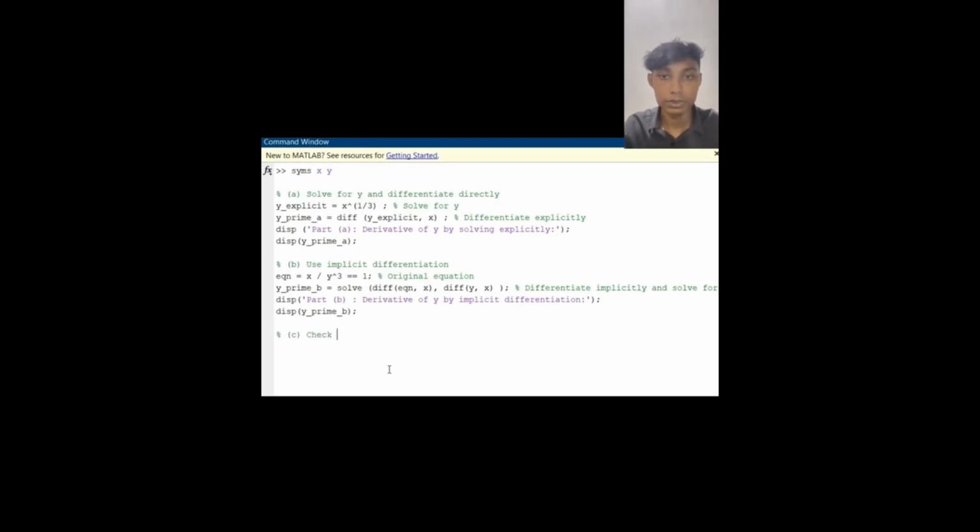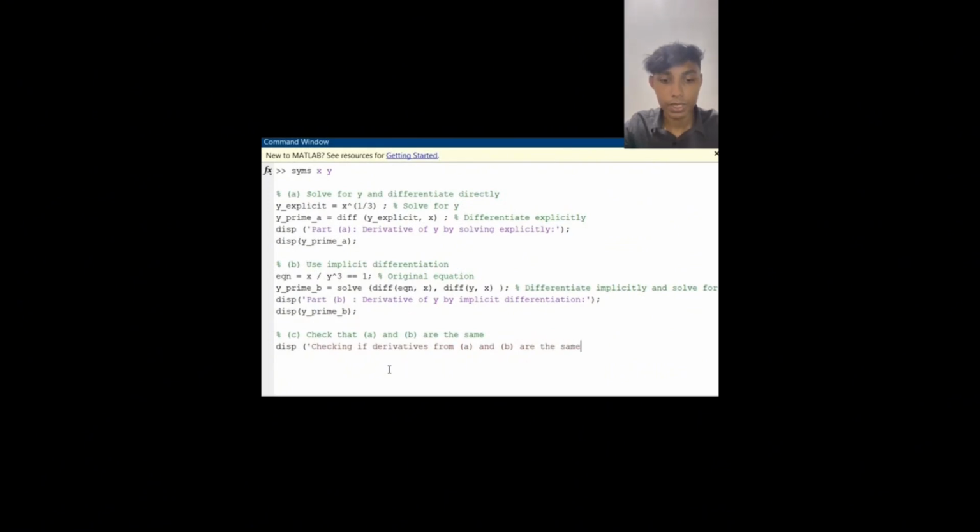Question C is to check that A and B are the same. So we need to display again, DISP 'checking if the derivative from A and B are the same'. Alright, so how to check?